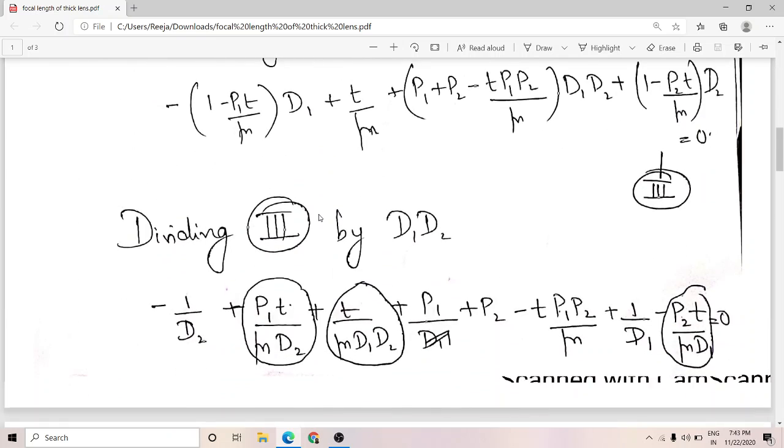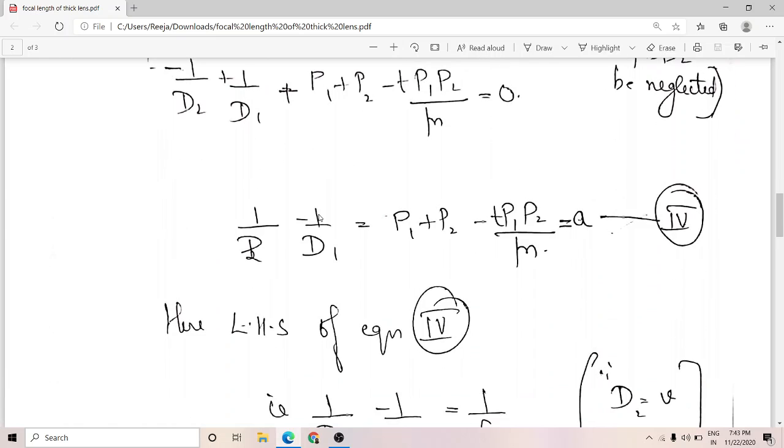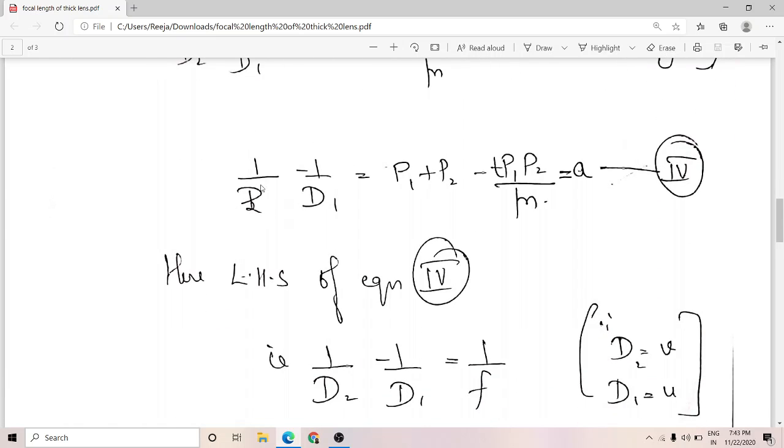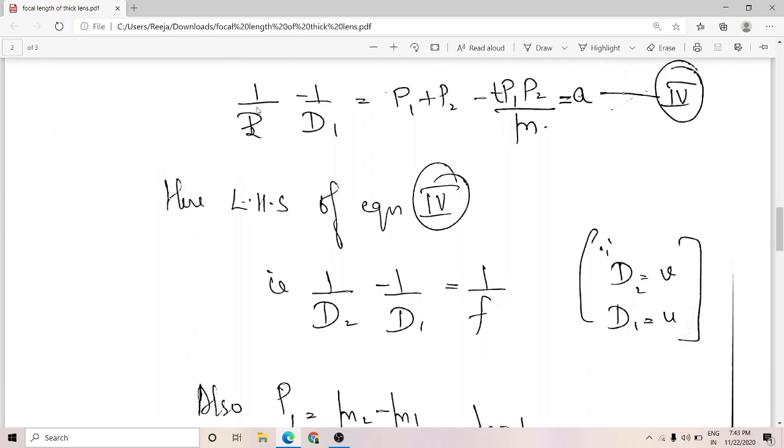On the left-hand side, 1 by d2 minus 1 by d1: 1 by d2 is our v and d1 is our u. We know 1 by v minus 1 by u is equal to 1 by f. So 1 by f is equal to p1 plus p2 minus t p1 p2 by mu, which is equal to a.